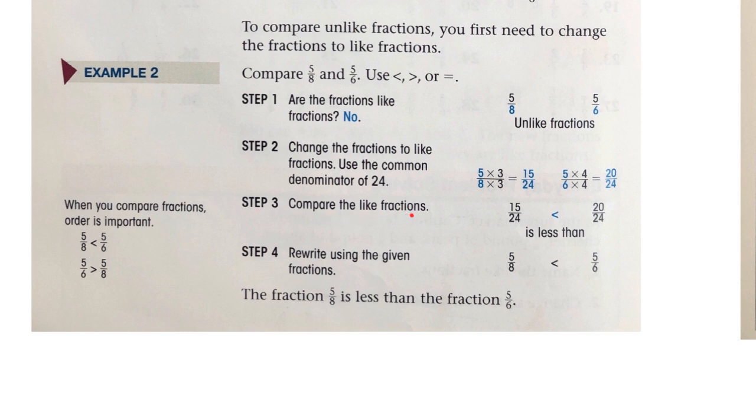Now compare the fractions. 15 is less than 20. Step 4, rewrite the given fractions back to the original. 5/8 is less than 5/6. Keeping the same order, the fraction 5/8 is less than the fraction 5/6.